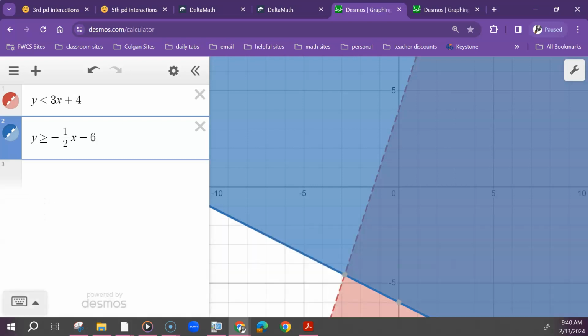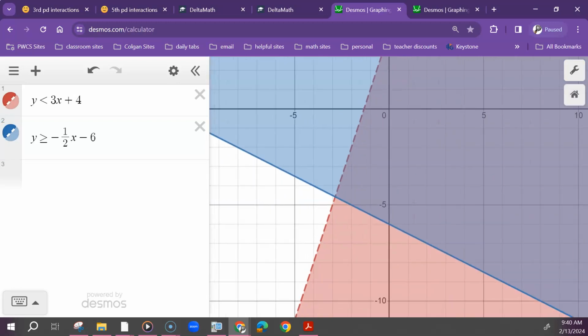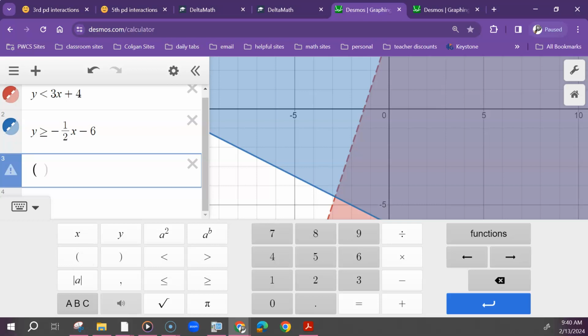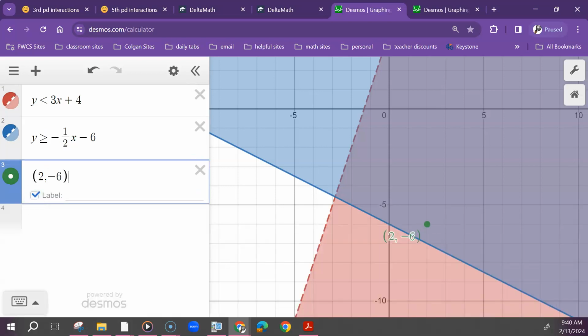So you can see the 2 graphs overlapping. You can see the type of lines. You can put in ordered pairs to see if it would fall in the overlapping shaded area or not. That one is a solution. So you can use that. Questions on how to check yourself in Desmos or the calculator?